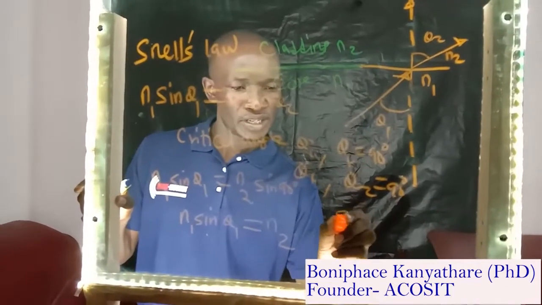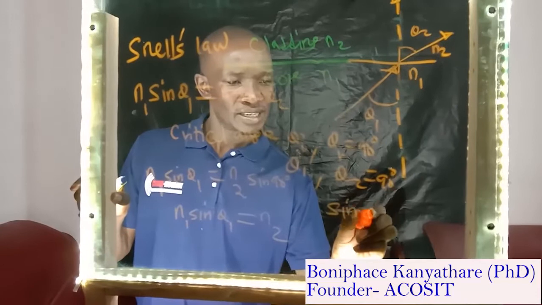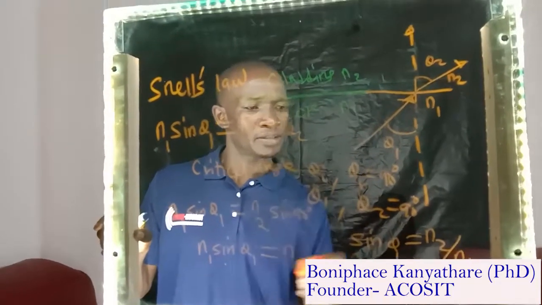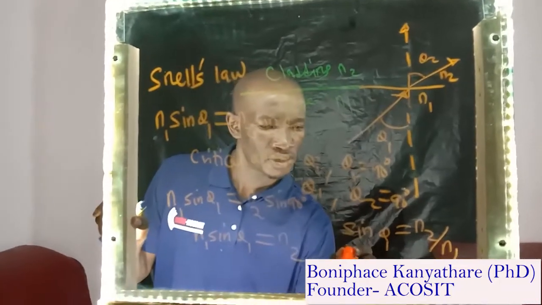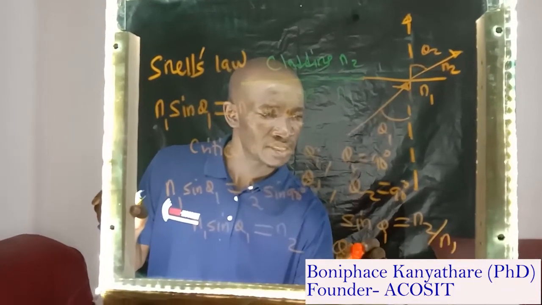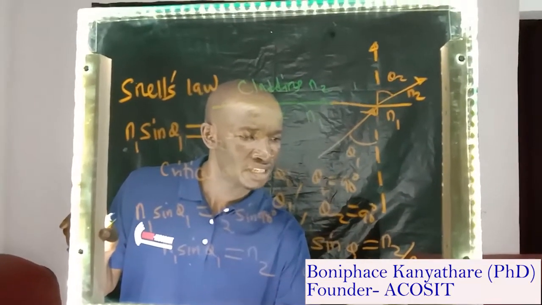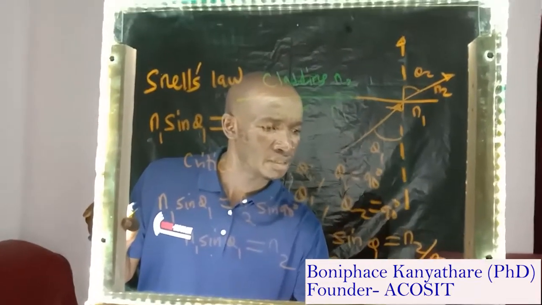So we can say sine theta 1 is equal to N2 divided by N1. So theta 1 is equal to sine inverse of N2 divided by N1.